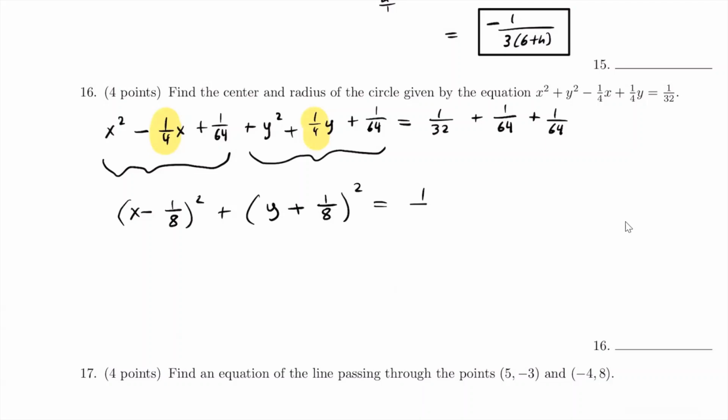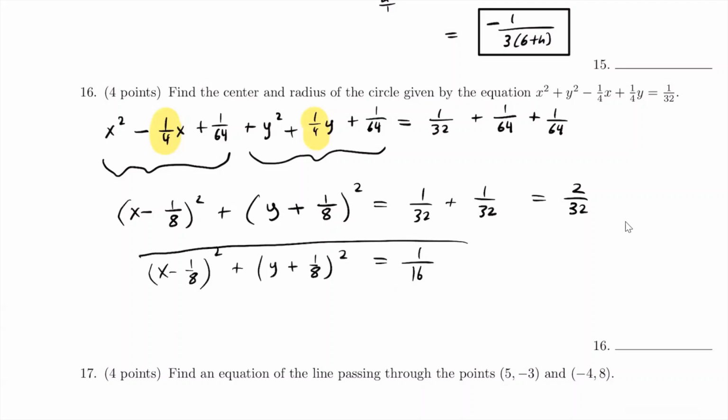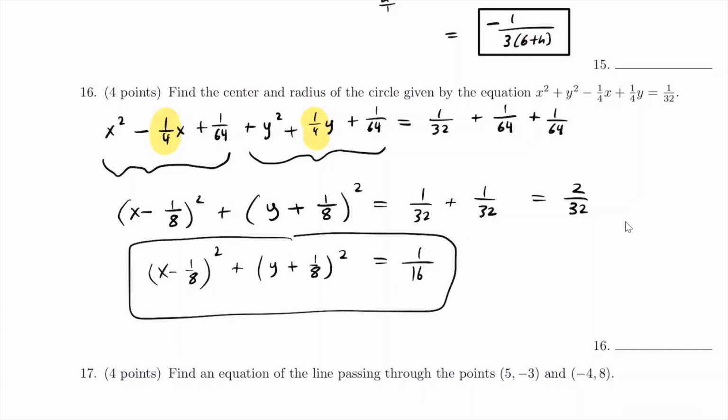So we have 1 over 32 plus 2 over 64, which is 1 over 32. Add them up, so you'll have 2 over 32. And that simplifies to 1 over 16. So you have x minus 1 over 8 squared plus y plus 1 over 8 squared is equal to 1 over 64. So that is our equation in standard form of a circle.